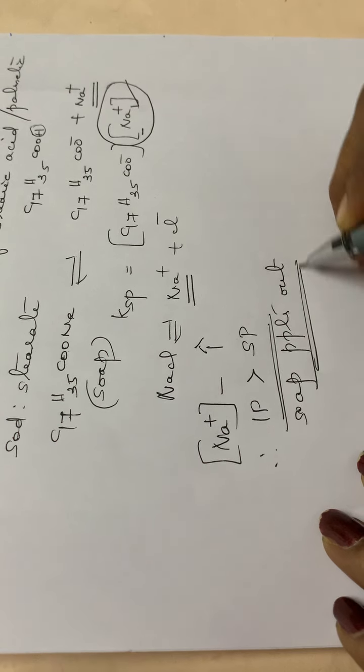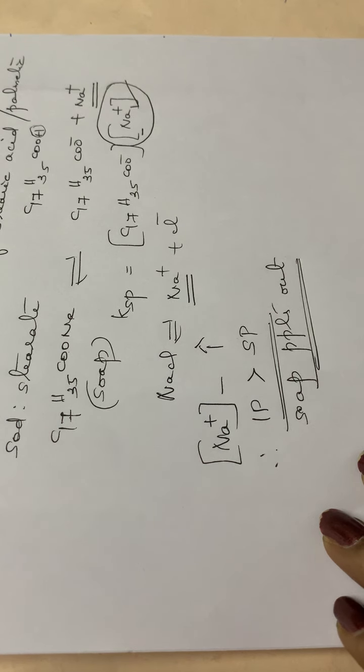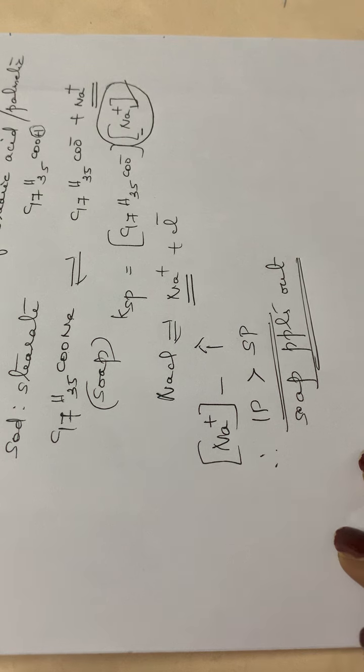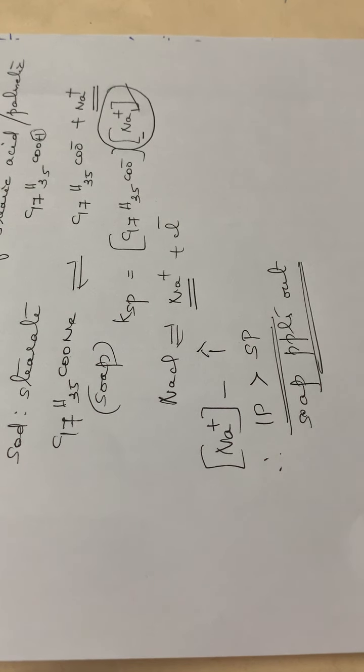Therefore soap precipitates out. Okay, so this is a process similar to the purification of sodium chloride. Salting out of soap is another important application of this solubility product. This is the last one regarding the applications of solubility product, so please don't skip this portion. It is very, very important from your examination point of view.